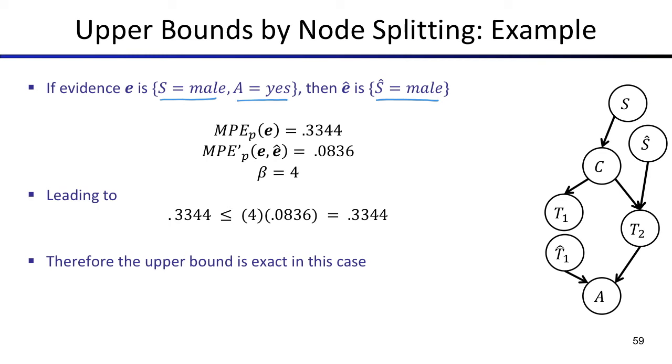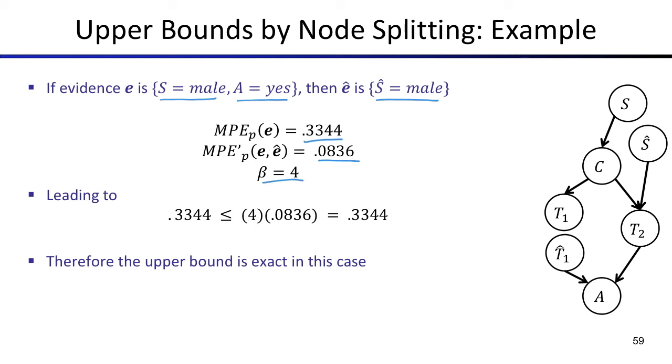So if we compute the MPE for this query in the original network, we get this number here. If we compute the MPE in the cloned network using this evidence here, E and E hat, I'm going to have this probability here, but we have this beta value, and in this case, it's going to be 4.